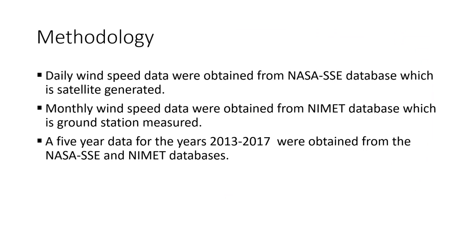Methodology. Wind speed data were obtained from the NASA-SSE database, which is satellite generated. Monthly wind speed data were obtained from the NIMET database, which is ground station measured. A 5-year data for the years 2013 to 2017 were obtained from the NASA SSE and NIMET databases.